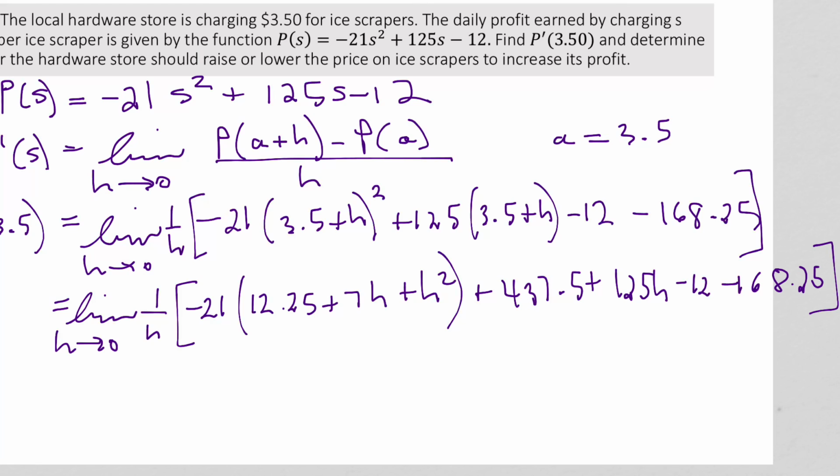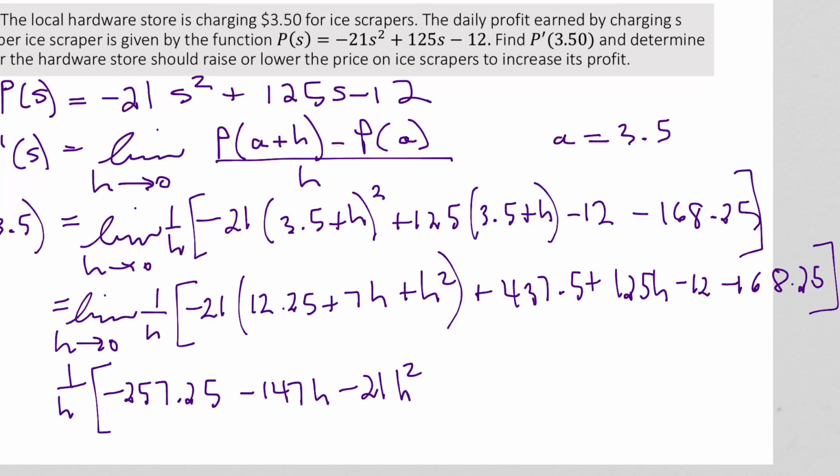Alright, so I've got all that. Now let's just keep simplifying. Let me scoot it over a little bit. So I've got minus 21 times 12.25. That's that number. Minus 21 times 7h. Minus 21 times h squared.